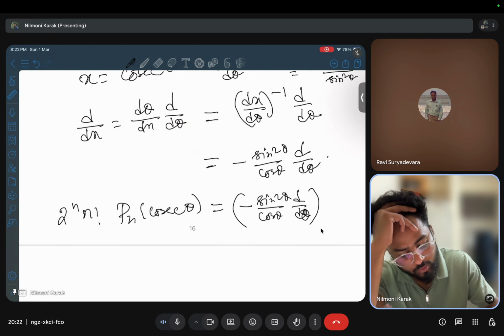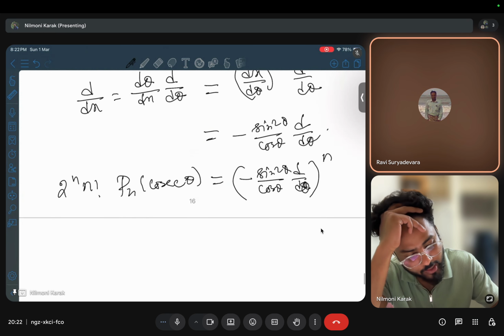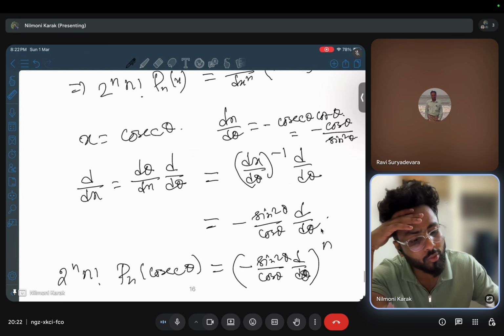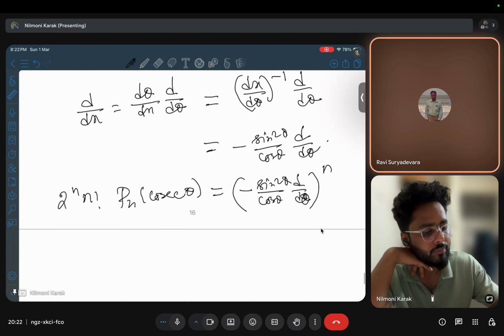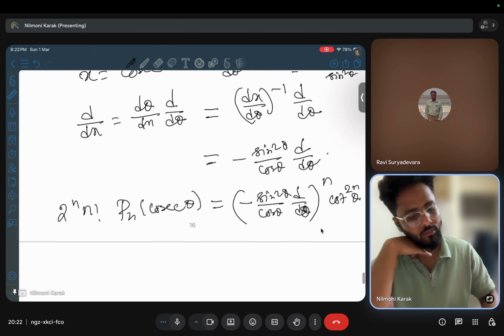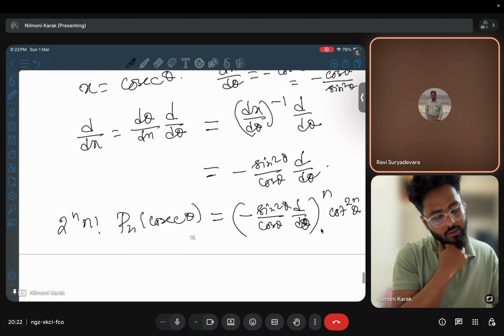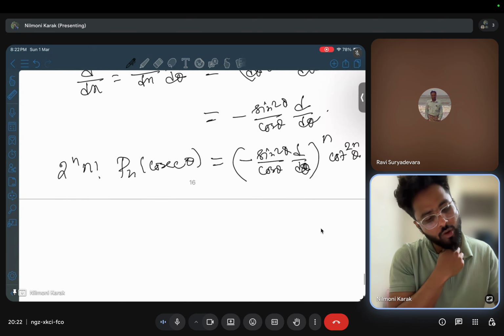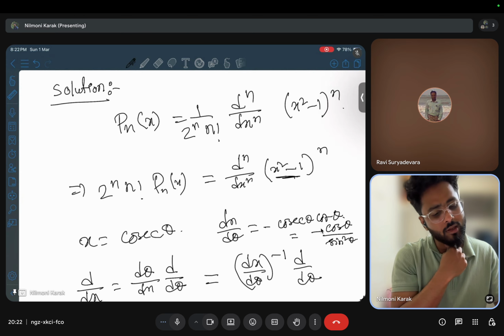You are transforming, and x square minus 1 is cosec square theta minus 1, which equals cot square theta, right? So cot to the power 2n theta.